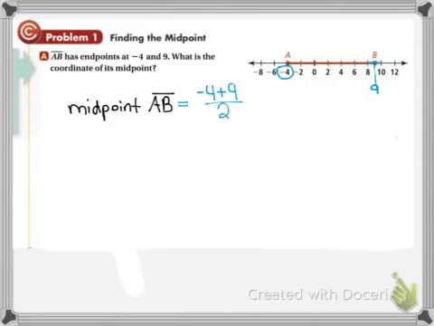So that becomes (-4 + 9)/2, which is 5/2. You can leave your answer like that, or write it as 2.5, that is fine as well. If I go up here and make a point at 2.5, which is about right there, that is the midpoint of my segment AB.